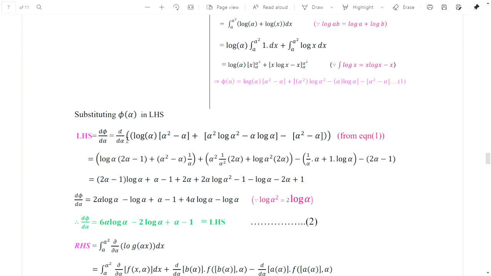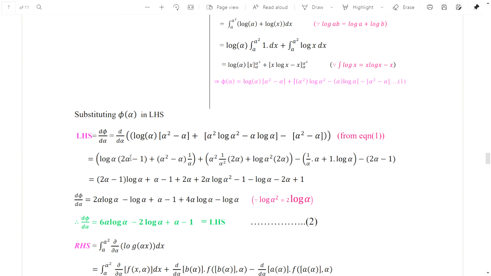Here, log alpha into alpha squared minus alpha. This is in the form of u into v. So, log alpha I written as it is into differentiation, and we know the differentiation of uv, that is u into dv by dx plus v into du by dx, or the otherwise also. So, log alpha I written as it is into differentiation of alpha squared minus alpha.